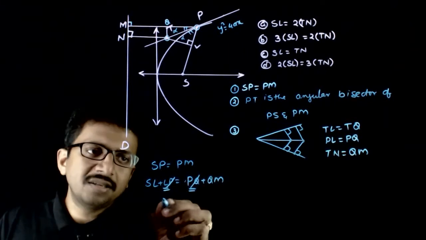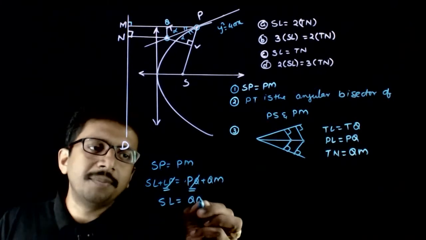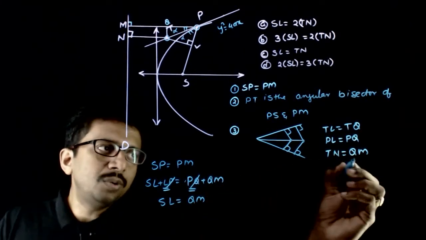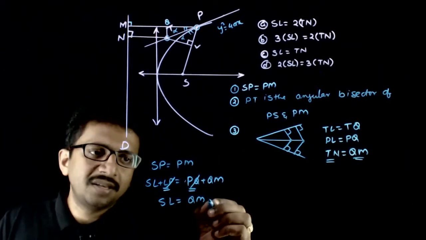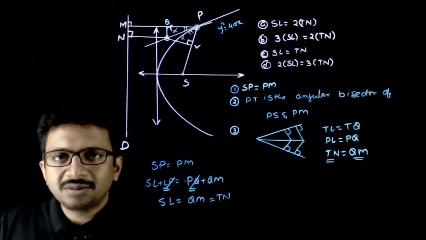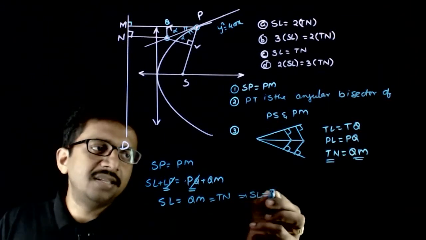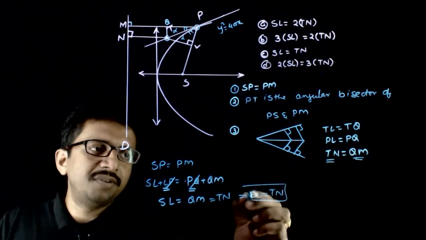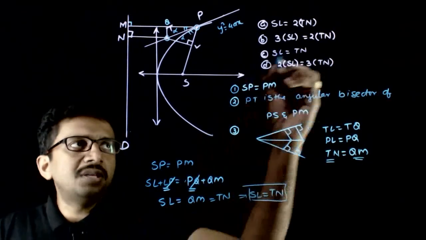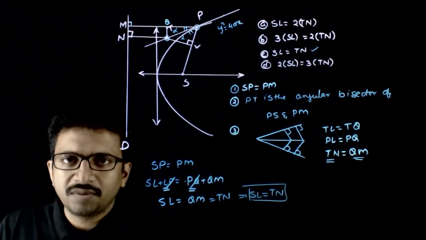These two get cancelled, so SL is equal to QM. And what is QM? QM is exactly the same as TN. So effectively SL is equal to TN. That's the relation between SL and TN. So option C is the right answer to this question. Thank you.